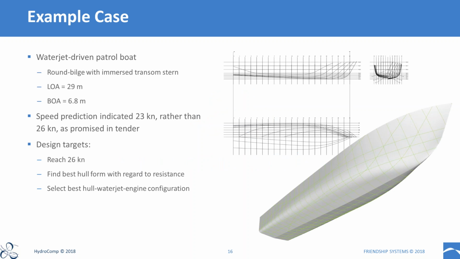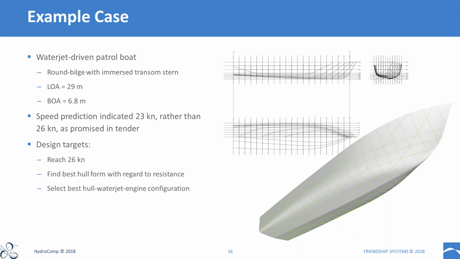The example case that we picked out for this is, as was mentioned already, a water jet driven boat, a patrol boat, which has a round bilge hull shape with an immersed transom stern. The length of the vessel overall is 29 meters and the beam is 6.8 meters.